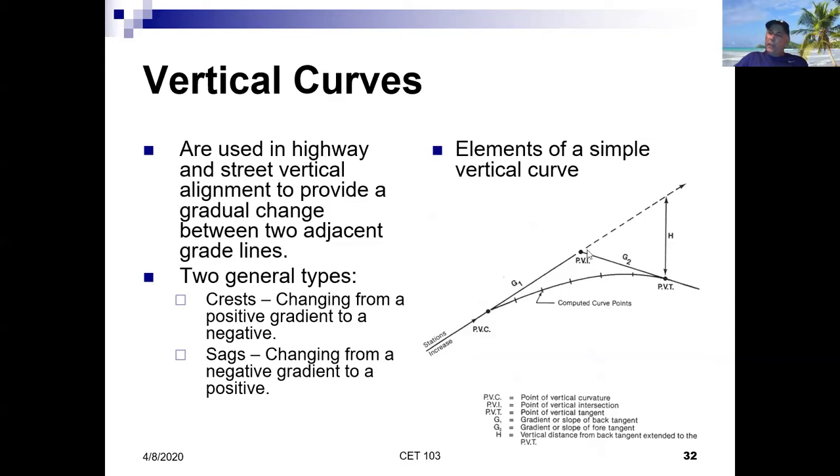The point H right here and point PVI are really fictitious points in the overall scheme of things, because they're either above the construction process, kind of in midair hanging out there, or in a situation of a sag, it would be underneath the process.